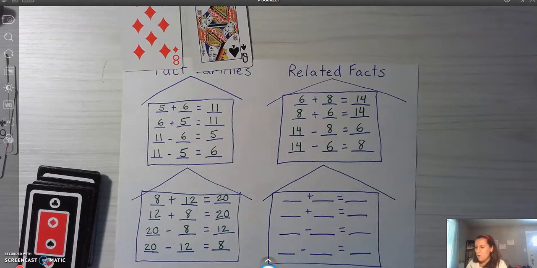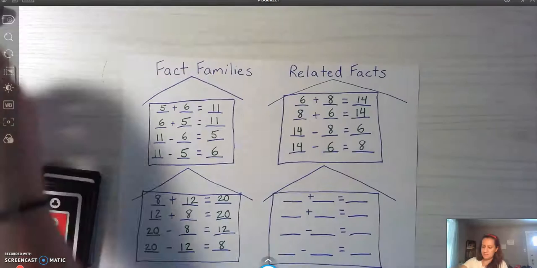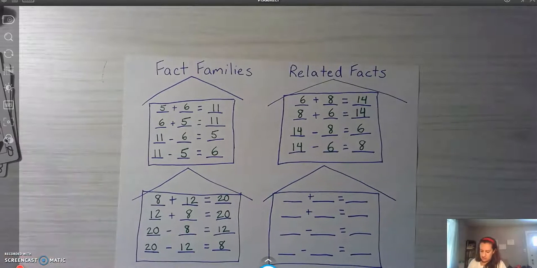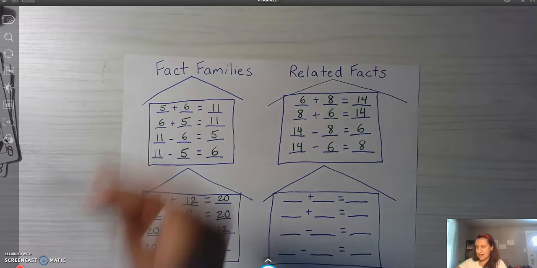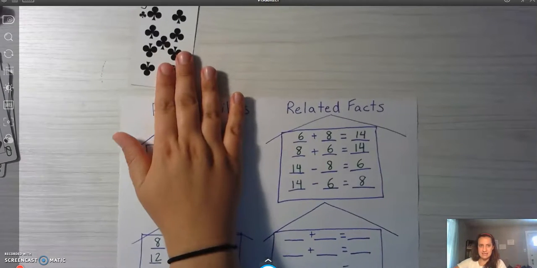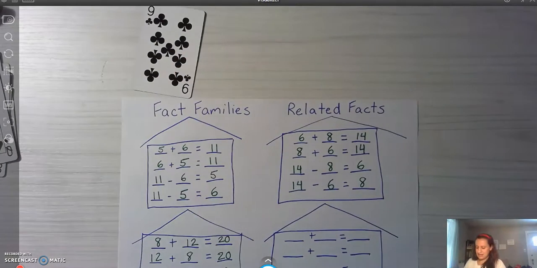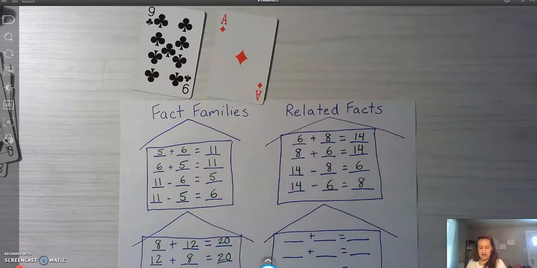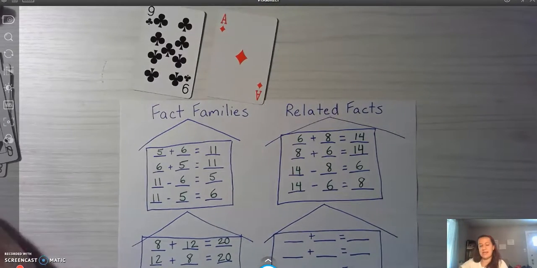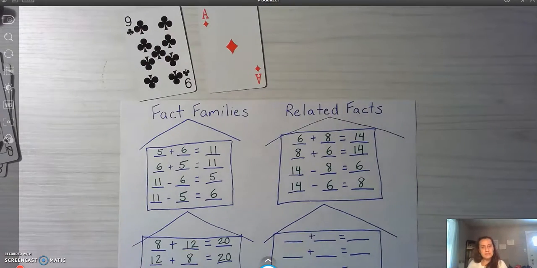Okay? One more problem to practice together. Let's see. What do you do if you get a 9 and an ace? Now we're going to say in your cards that an ace represents 1 because there's no 1 card.